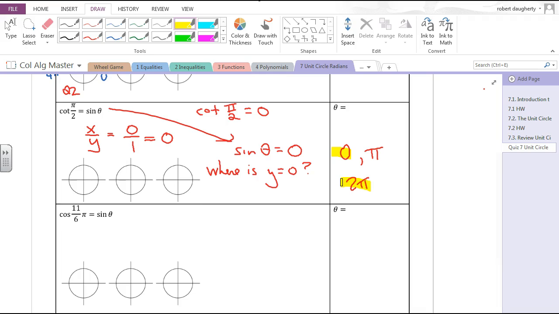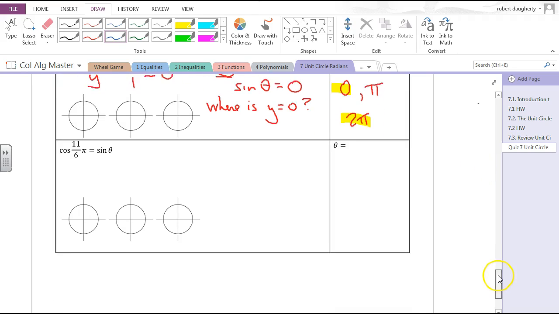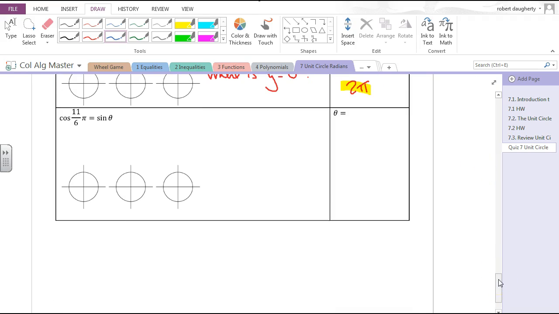And the last one here. Cosine of 11/6 pi equals sine of theta. Okay, let's figure out where that angle is. This is 0. This is 6 over 6 pi. When I get back around to 2 pi, remember 2 pi is the same thing as 12 over 6 pi. So where is 11/6? It would be the angle that starts here and doesn't quite make it back around.